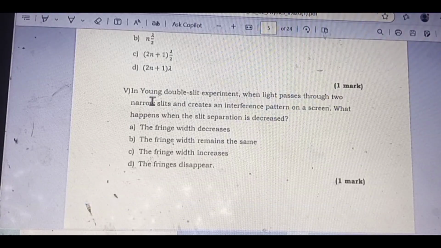V. In Young's double slit experiment, when light passes through two narrow slits and creates an interference pattern on a screen, what happens when the slit separation is decreased? The correct answer is C, the fringe width increases.